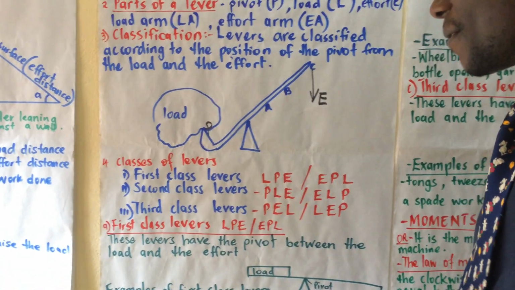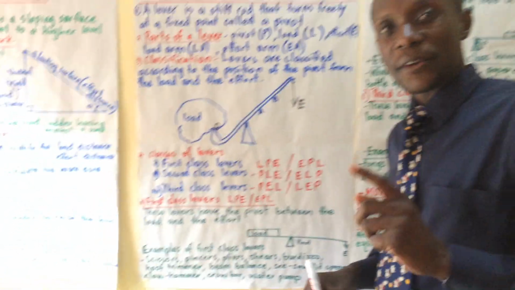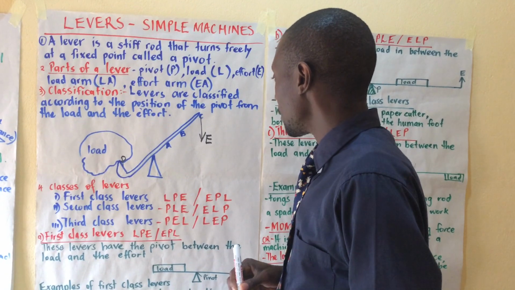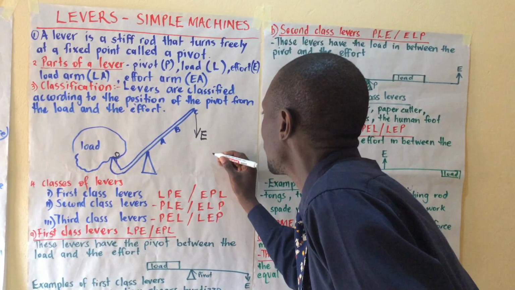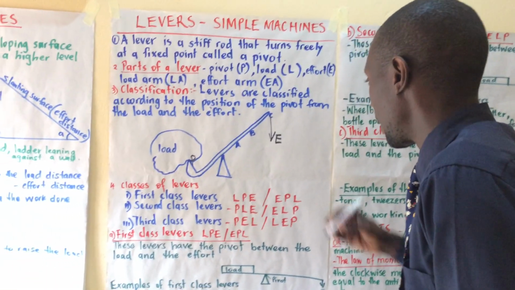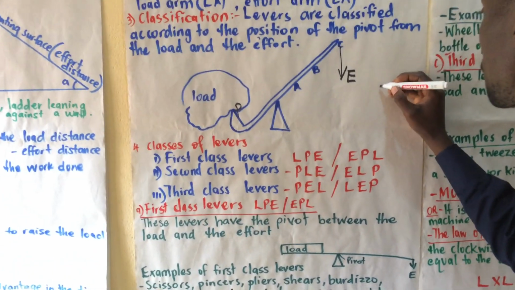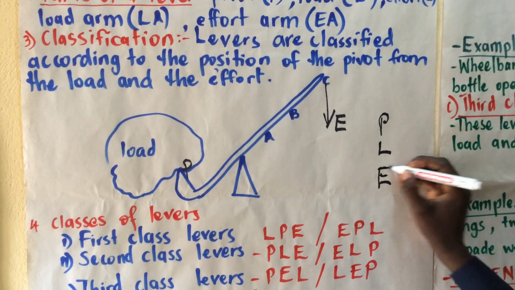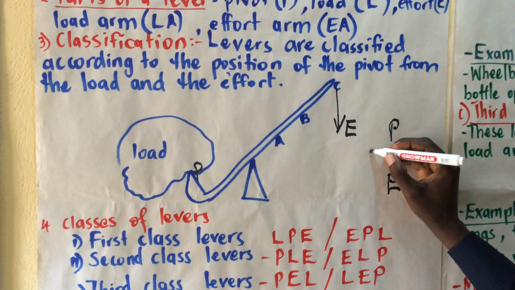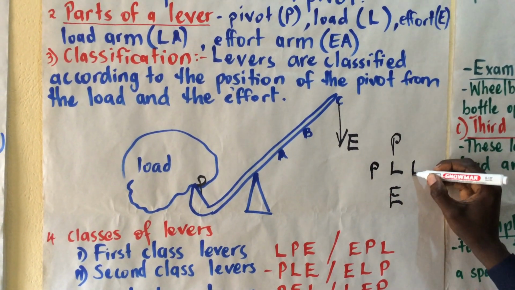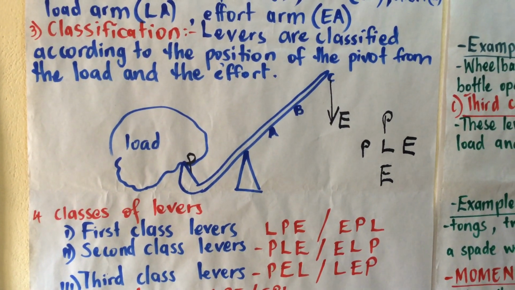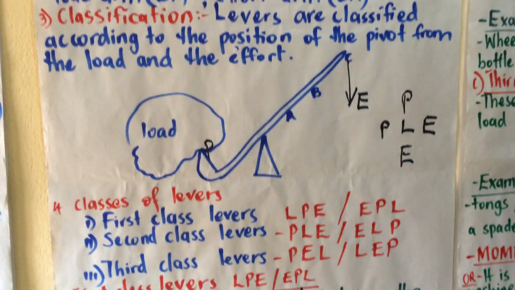The classes of levers, I have a formula that can help us to master these classes of levers. So we have P, L, E, and then we also have PLE. We are using PLE because it rings a certain bell in your head.